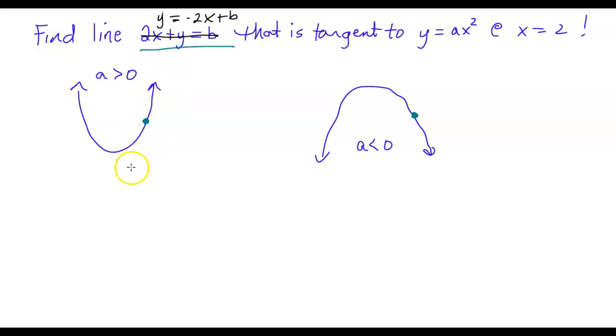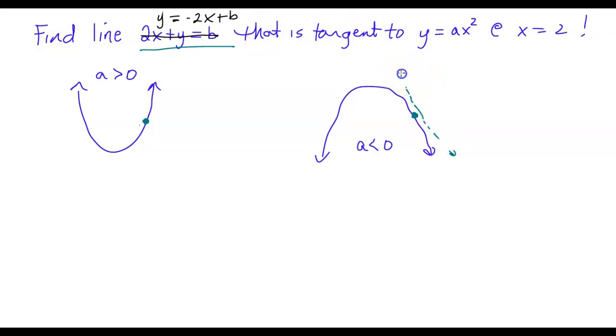And the line that I'm drawing right here with my cursor would be a line with a positive slope. It would have to be a situation like this if the parabola is opening down. It would have to kind of go down like that, okay?